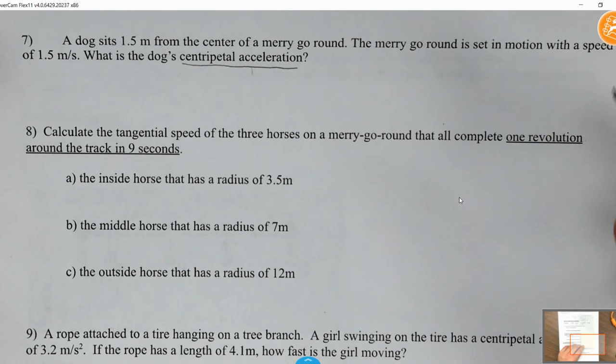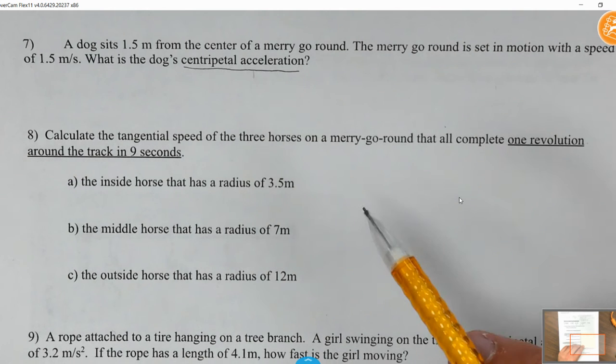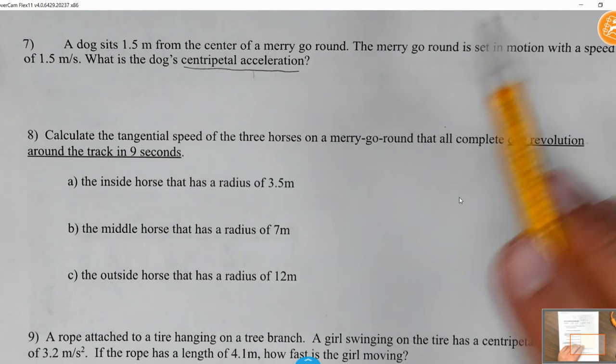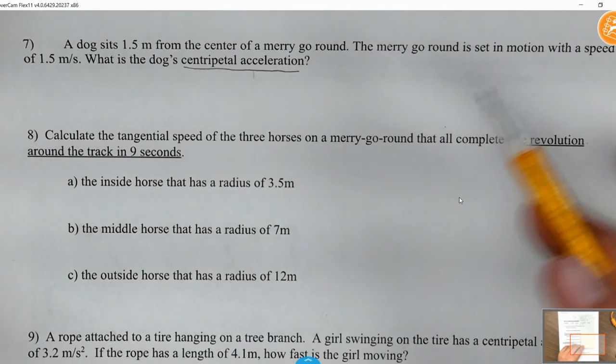Well, frequency, if you remember, is the number of cycles per second. How many laps, how many rotations, revolutions you're doing per second when we want it in hertz. If you're given RPM, you got to divide it by 60. But period is the time it takes to do 1 complete rotation or revolution or spin, circle, lap.